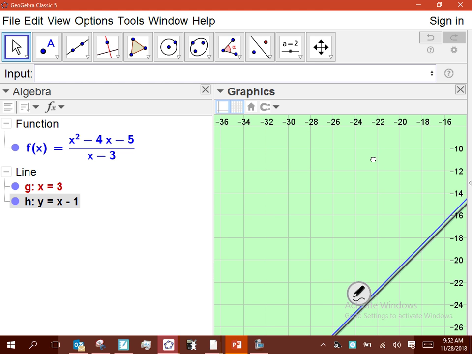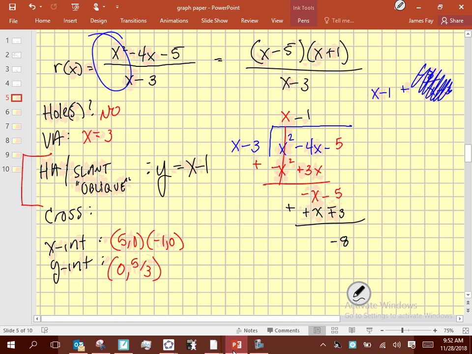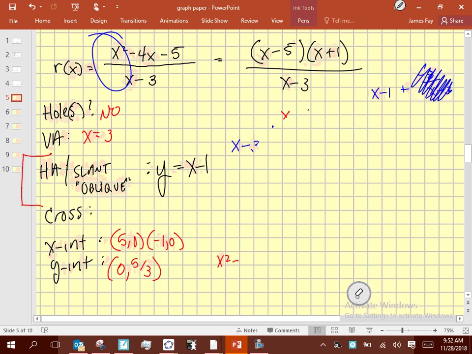We can still ask the question, do we cross it? We simply take the original x squared minus 4x minus 5 over x minus 3 and say, do we cross x minus 1?